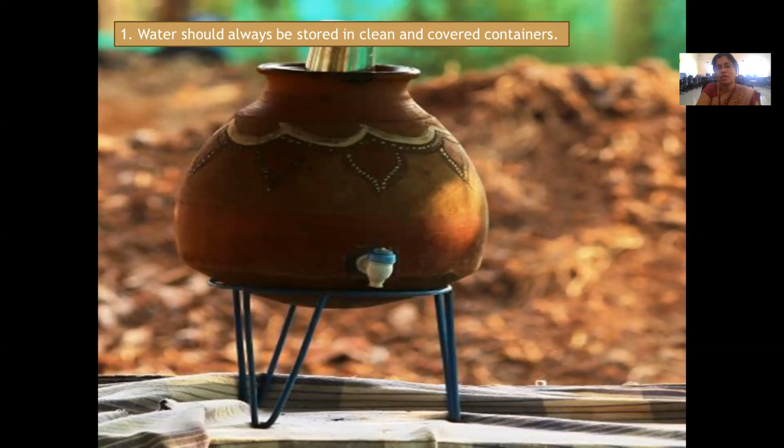That's why it's always been told that water should be stored in a clean and covered container. If you put the water in the container and leave it open, don't you think flies will come and sit on it? Yes, and the dirt, germs and dust particles present in the air, don't you think they go and settle into it?